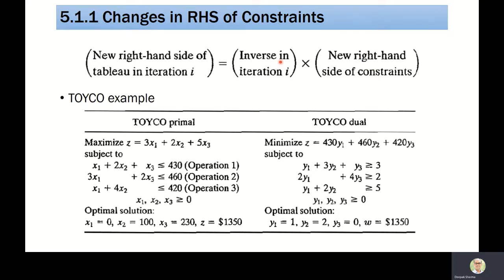You remember that the inverse we can get from the coefficients of the slack variables in the simplex method, and this will give me the right-hand side. We did those hand calculations, so I request you to refer to our previous session where we performed them.